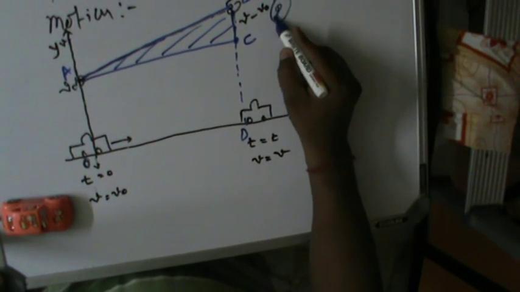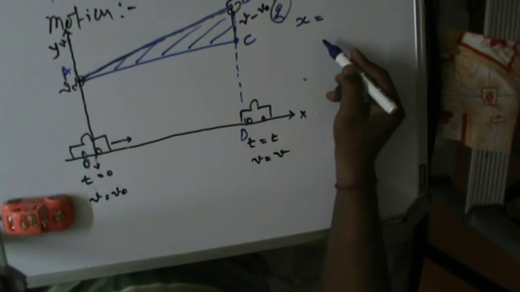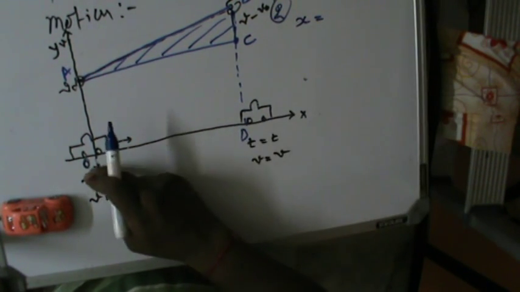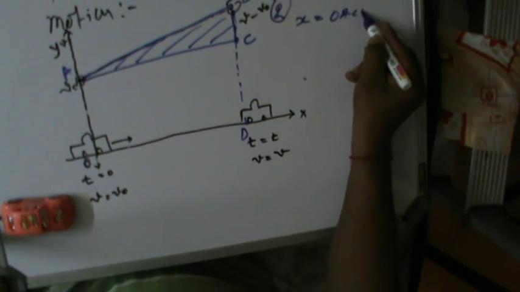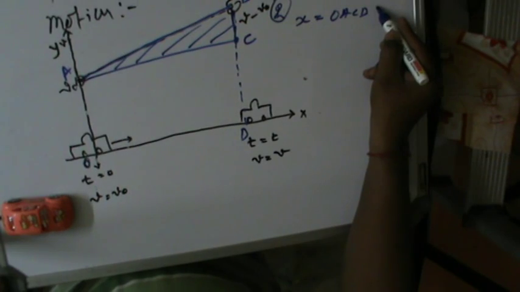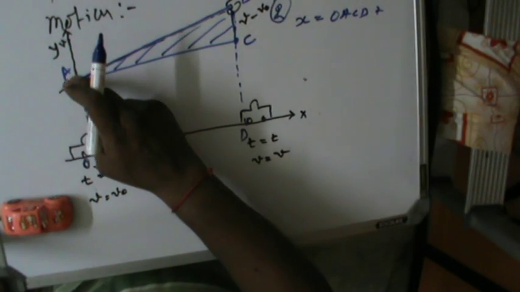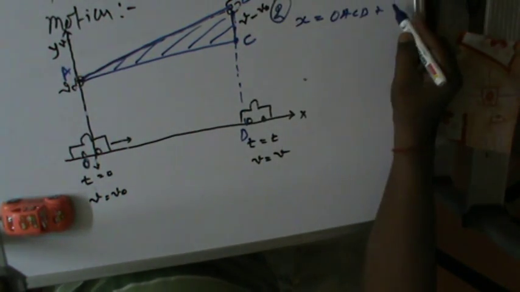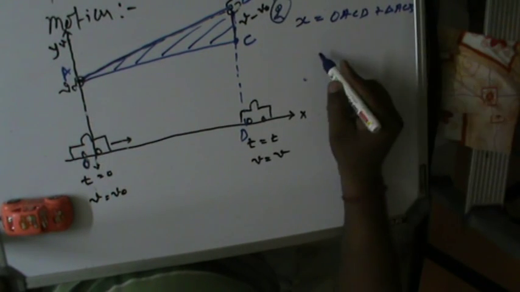So second equation: displacement x is equal to the area of the rectangle OACD, that is the rectangle of this area, plus the area of the triangle ACB. So how can we calculate it?